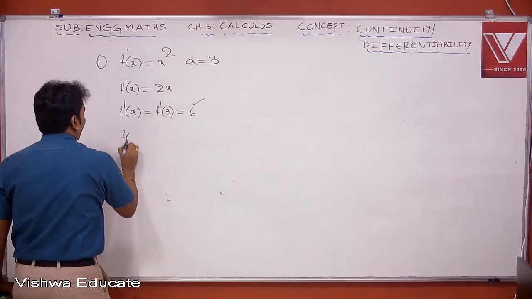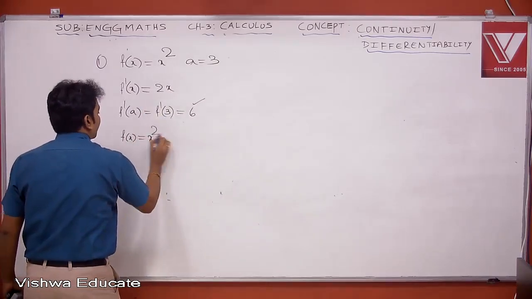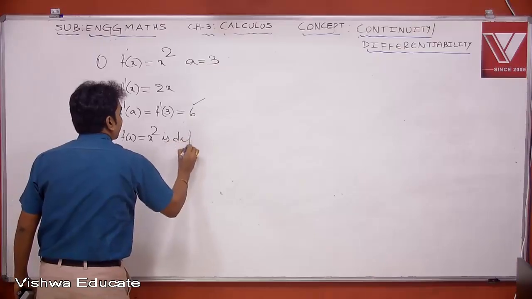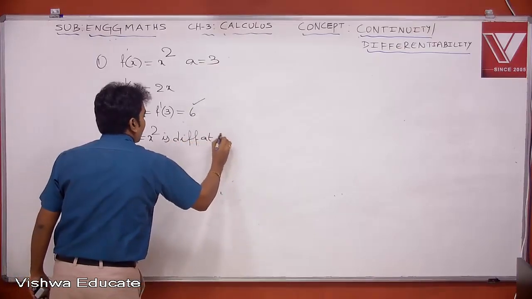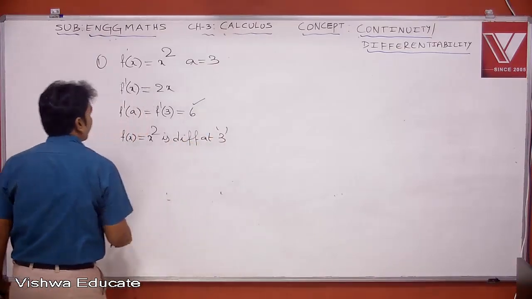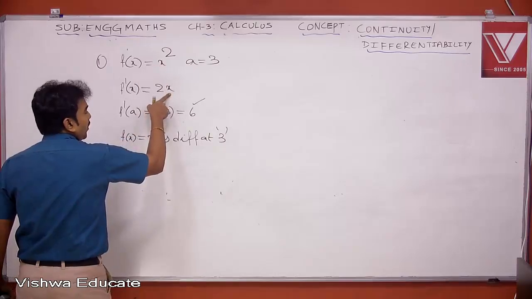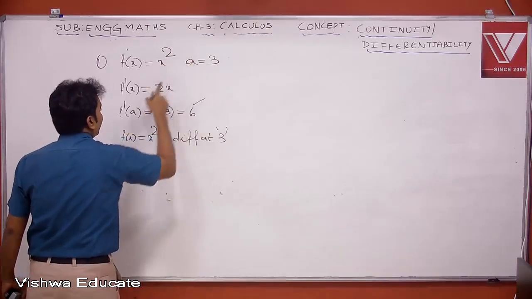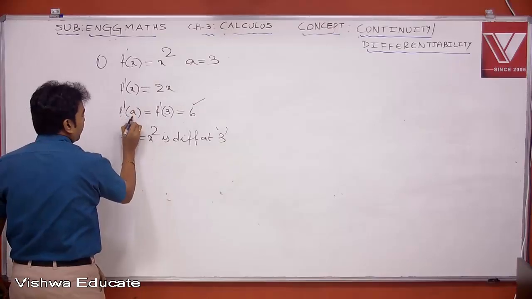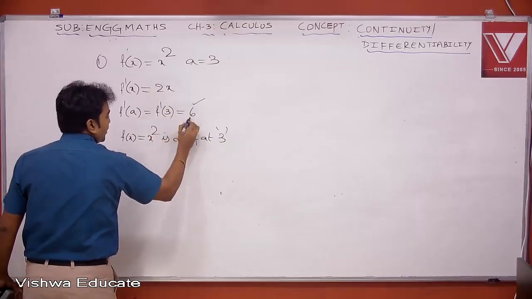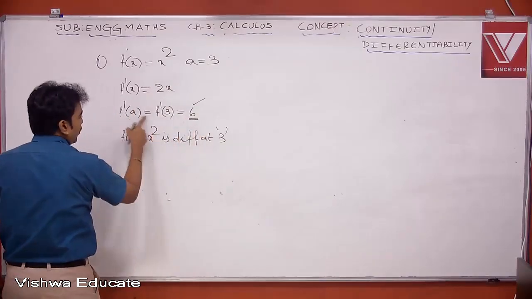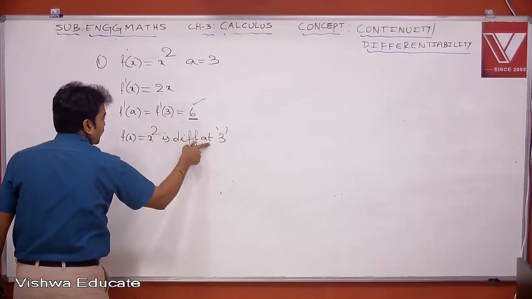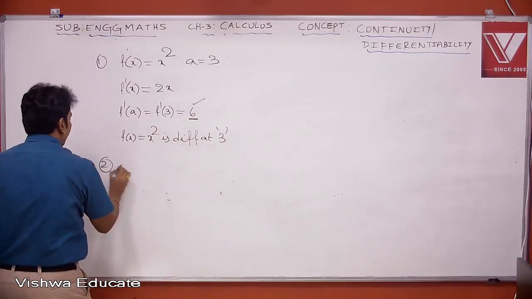Therefore f of x is differentiable at 3, because its derivative is 2x. We were discussing differentiability of a function at this point 3, so replace x by the point. So f dash of 3 is 6, and 6 is a finite number. Since f dash of a is a finite number, it is differentiable at 3.